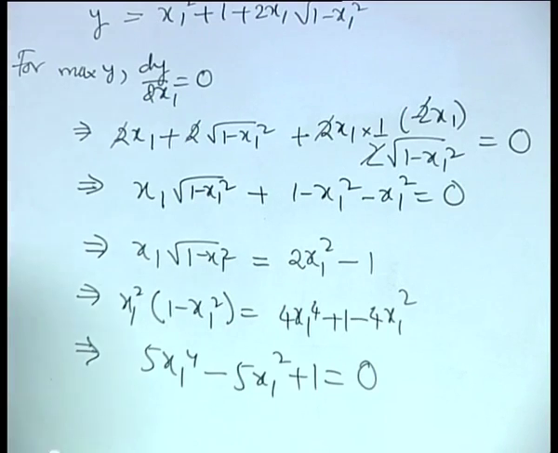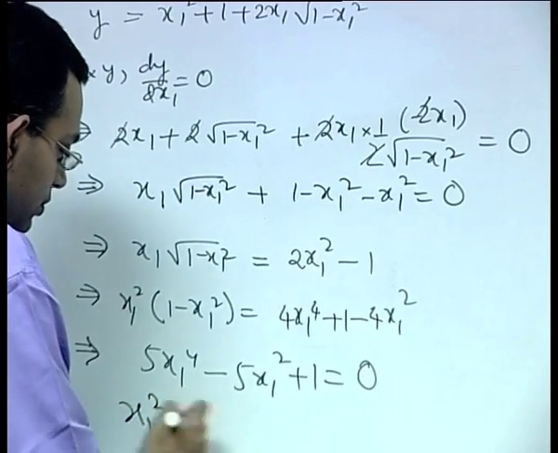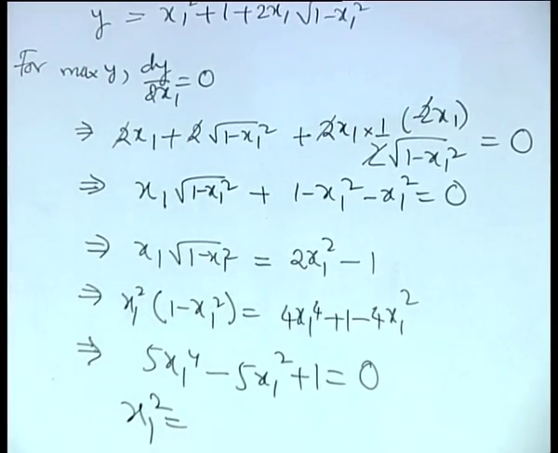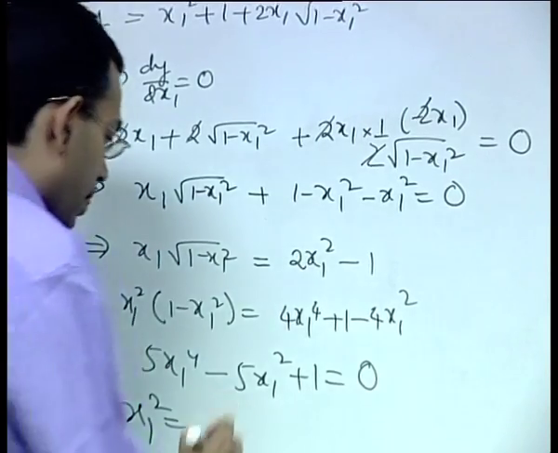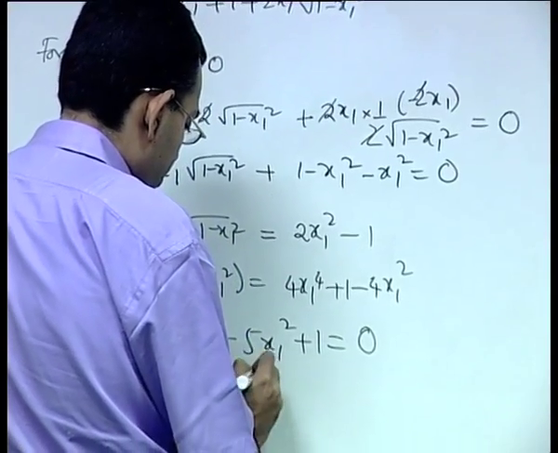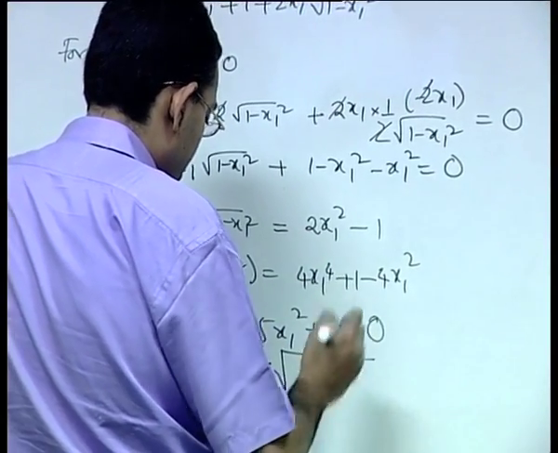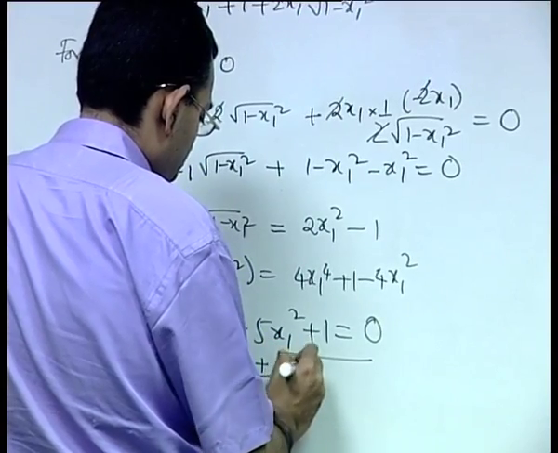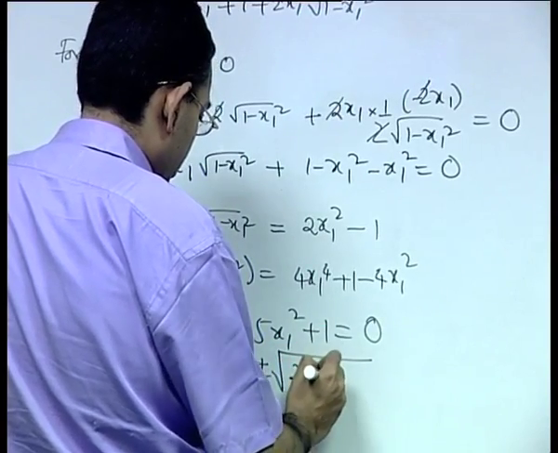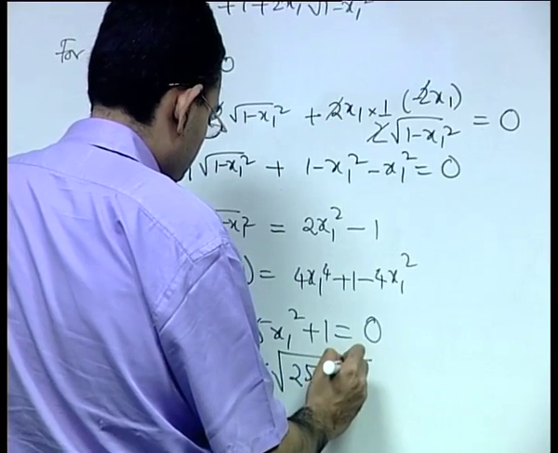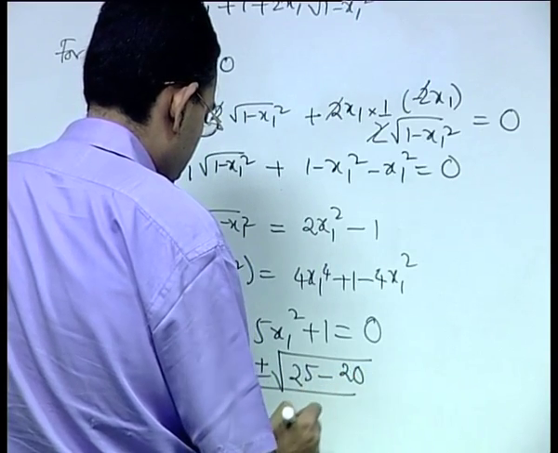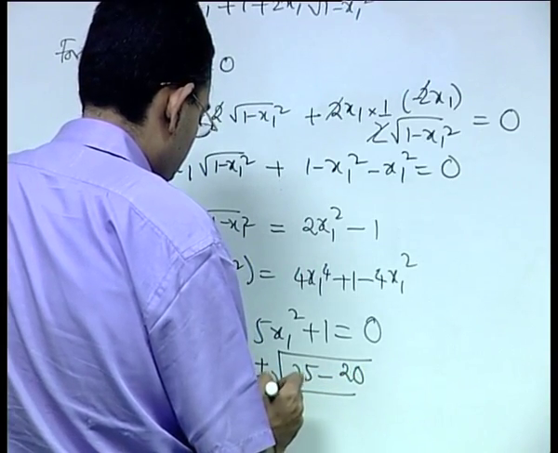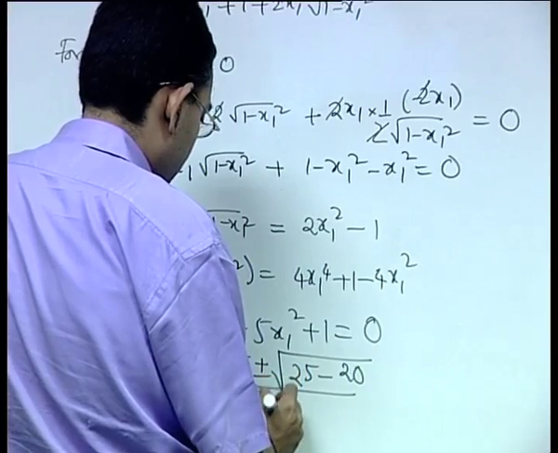So, x1 square is equal to, it is a quadratic equation in x1 square. So, you can solve for x1 square. So, x1 square is 5 plus minus square root of 25 minus 20 by 10.